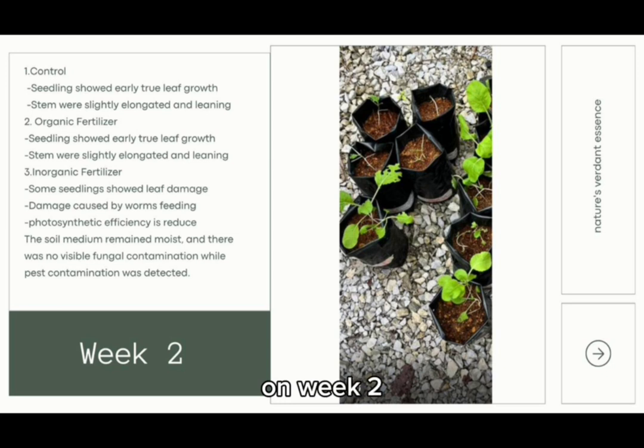On week 2, in control, the seedlings show early true leaf growth and slightly elongated leaning stem. In organic fertilizer, the seedlings show early true leaf growth and slightly elongated leaning stem.